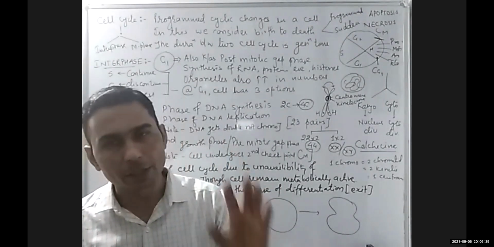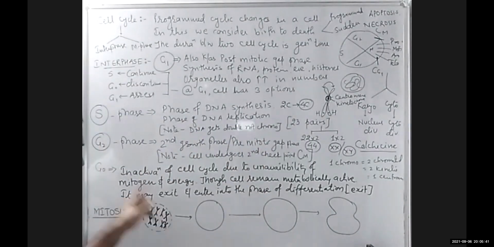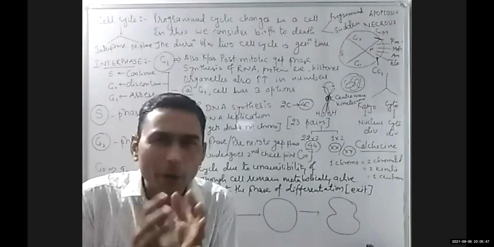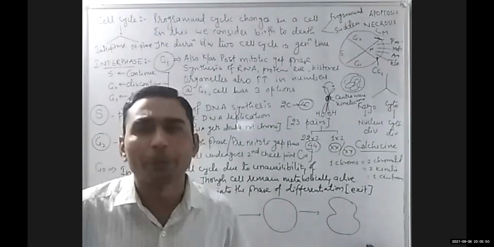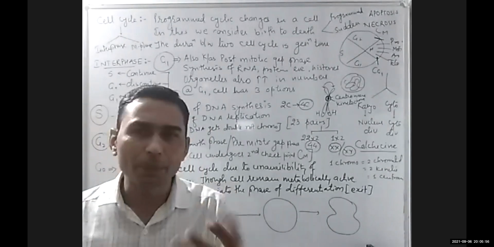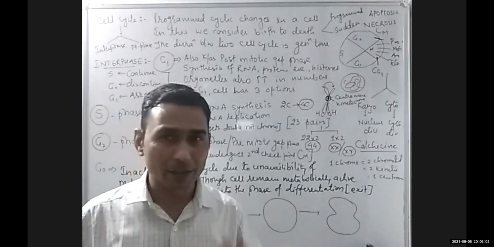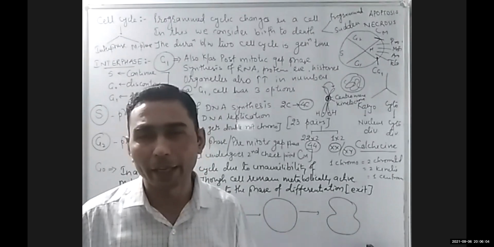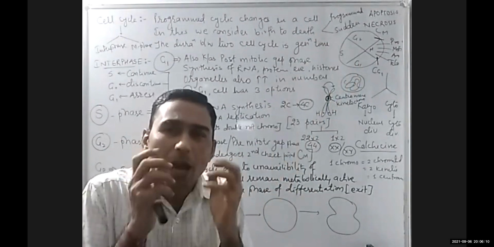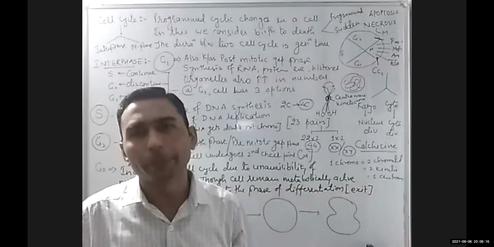Condensation of the chromatin material. Number 2 is the nuclear membrane starts disappearing. One more. Since the nucleus keeps on expanding, some organelles must disappear. Yes or no? Yes, sir. Logically, explaining the concept is my job. For theory you have to learn some data and facts. But the fact and the concept is that you have doubled the content, so it has to be condensed. Start condensation, nuclear membrane disappeared, some organelles start disappearing. That's it. This is the prophase.